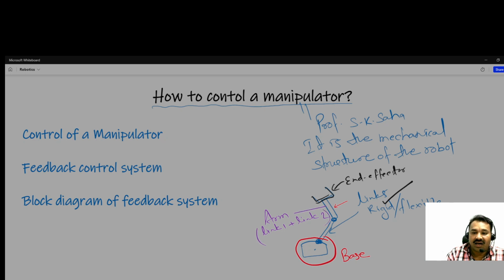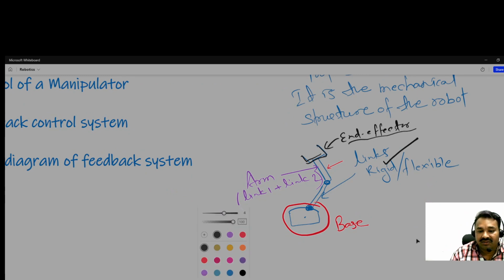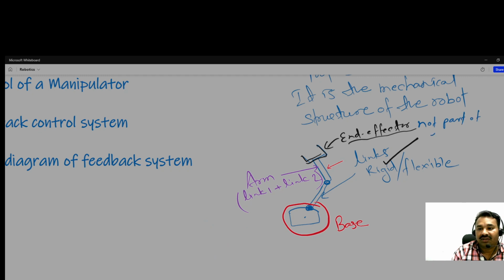And is the end effector part of the robot? Remember, the end effector is not part of the robot.